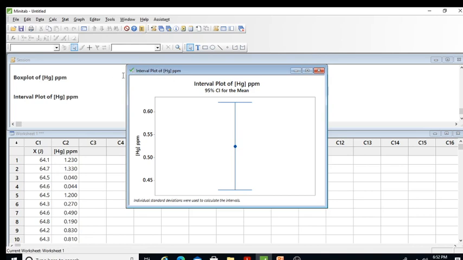This interval plot is not the same as the confidence intervals, because here we haven't provided any information about the population standard deviation. So these are different values, so don't be confused with the one-sample Z test.